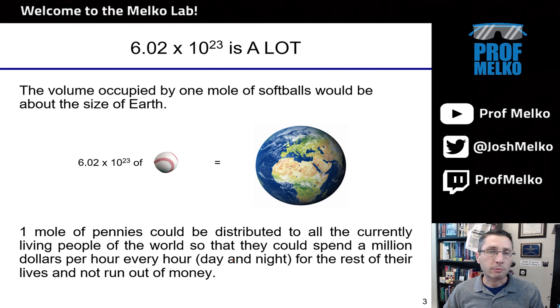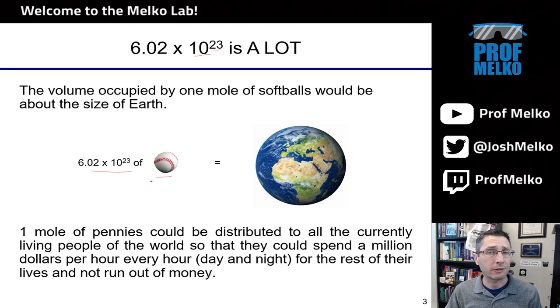Now, it's hard to appreciate how many atoms this is. 6.02 times 10 to the 23rd is a really large number. You might operate in millions or billions for some things, that's 10 to the 6 or 10 to the 9. 10 to the 23 is much larger. If you imagine a mole of baseballs, you would need a container the size of Earth to hold that many baseballs.